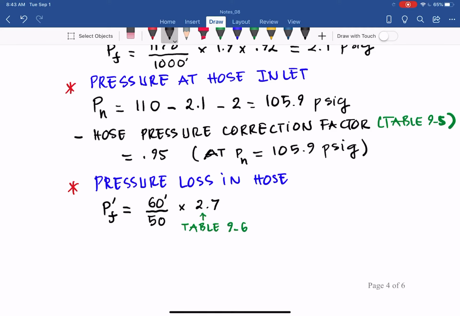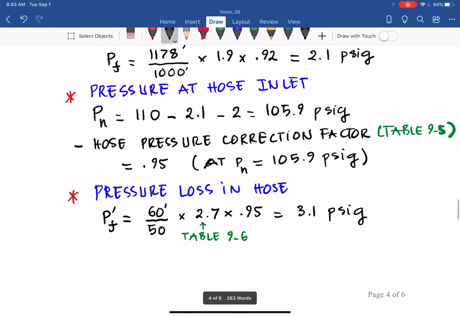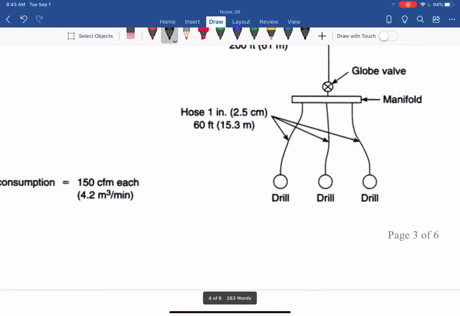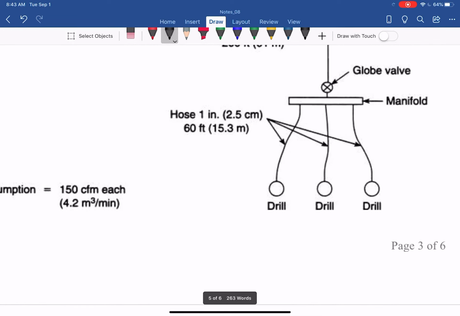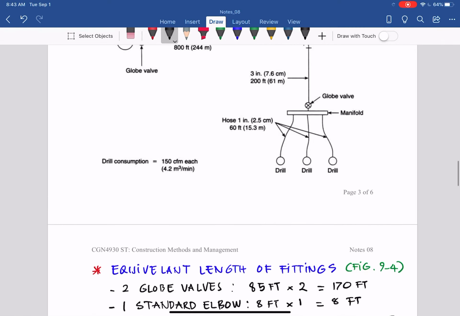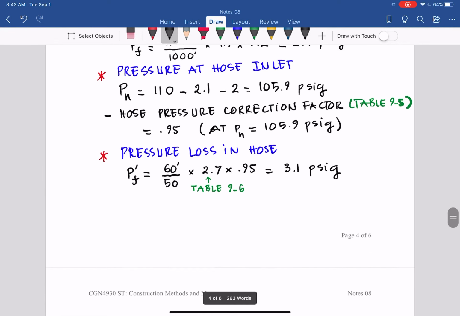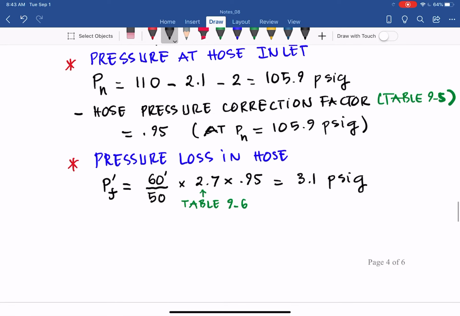And then we times the correction factor 0.95, which is determined, and that we have the pressure loss for this one is 3.1 psig in the hose from the get out of the inlet, it means from the manifold to the drill, and that is the hose. So from that one we get the loss throughout the pipe, the fittings, manifold, and the hose.